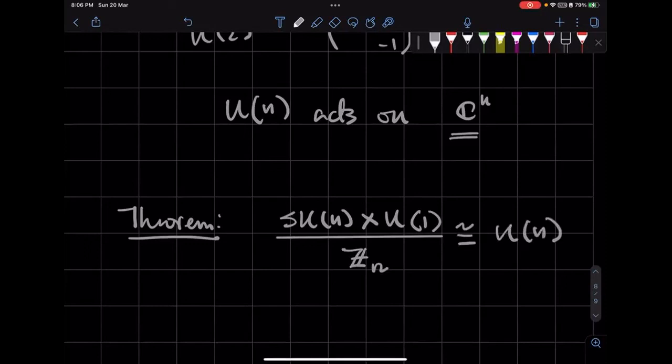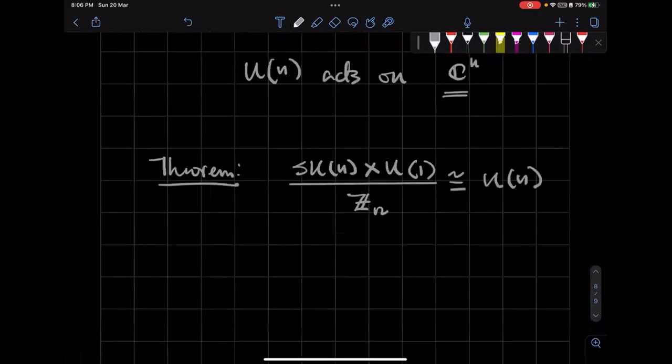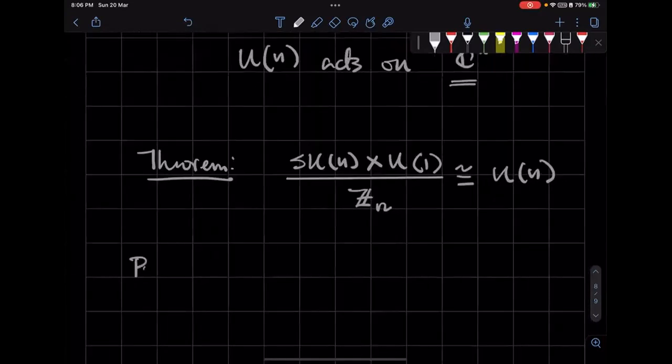So this is the relationship. The proof is very easy. It's a special case of the exam problem, or rather the general case of the exam problem.